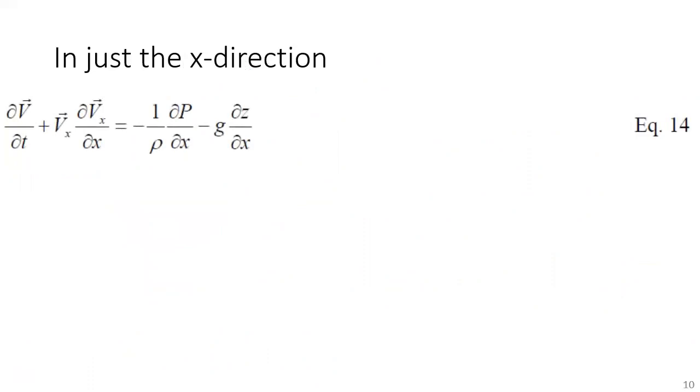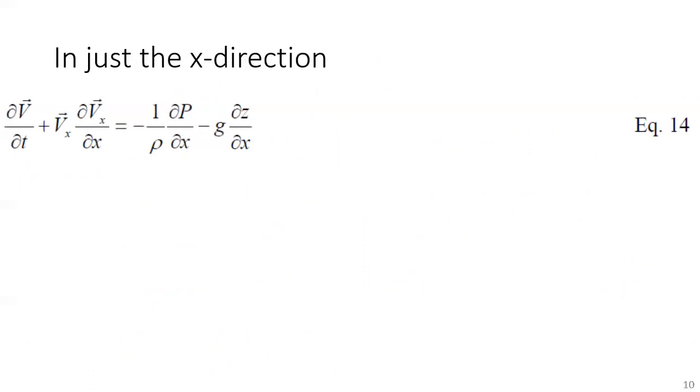So let's just focus on the x direction. And this is equation 14 from your handout. In this x direction, the right-hand side is from the gradient operator. And again, there were two components in the gradient operator. There was a pressure component and this elevation component.